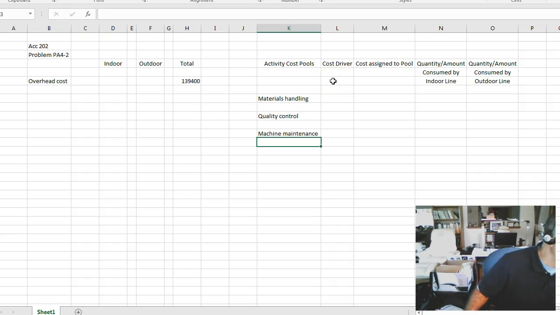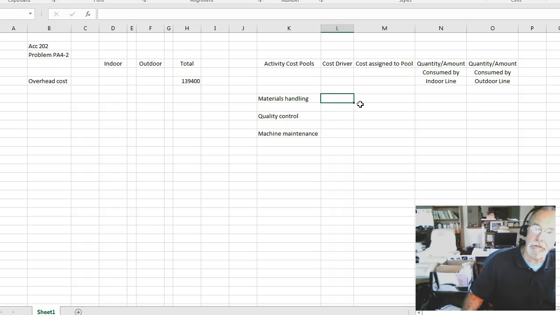Then for each of those activity cost pools, now this information is used when we allocate costs based on ABC or activity-based costing.